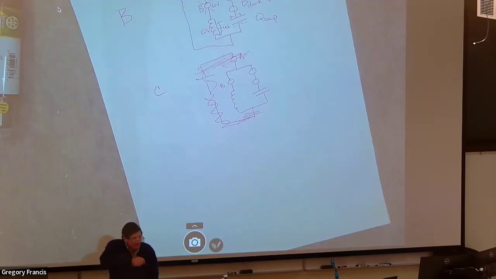But because I've got a single loop now and C and D are in series with B, if B still has enough current to make it 6 volts, suddenly they do as well. It just, pow, it's no time at all. Because the only thing I can't change is the current through the inductor and the charge on the capacitor. Does that answer your question?